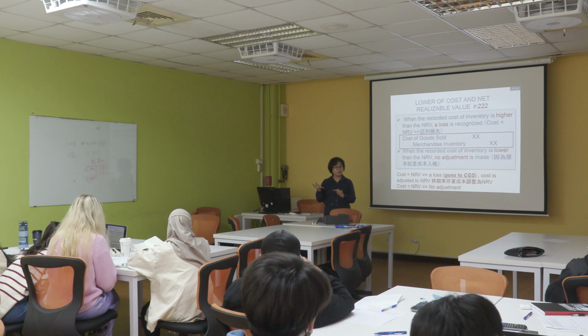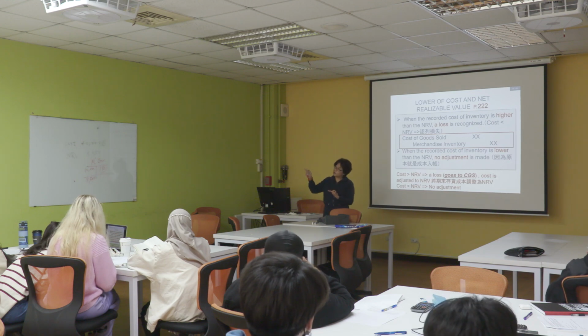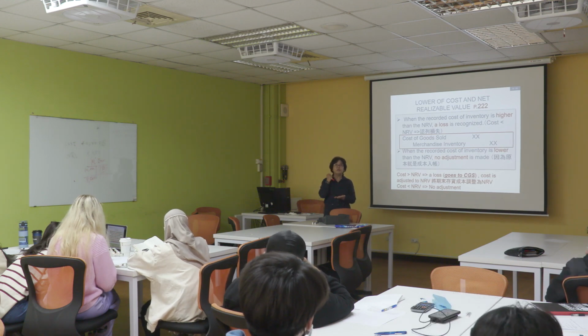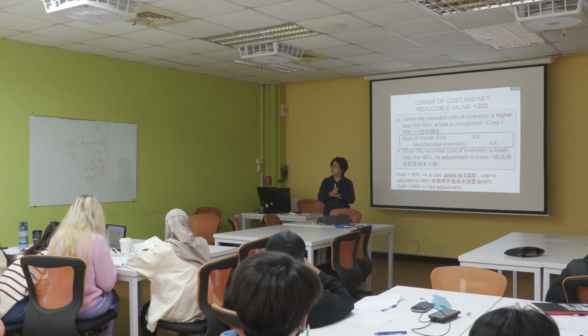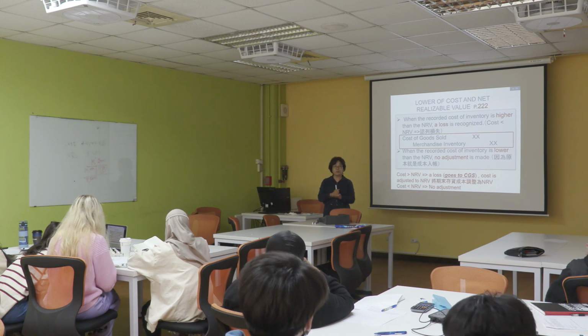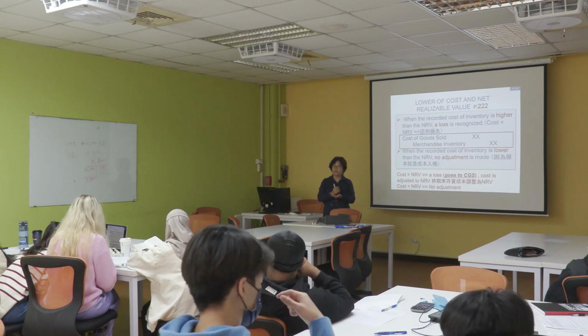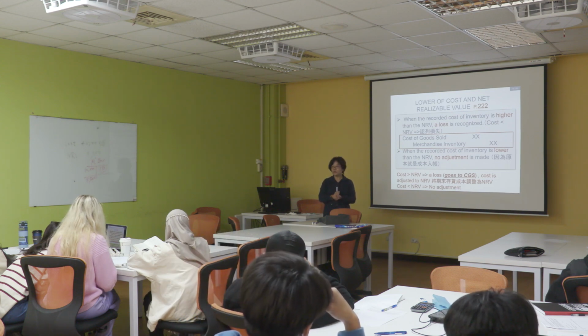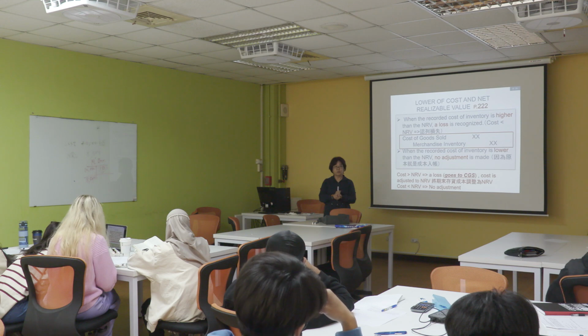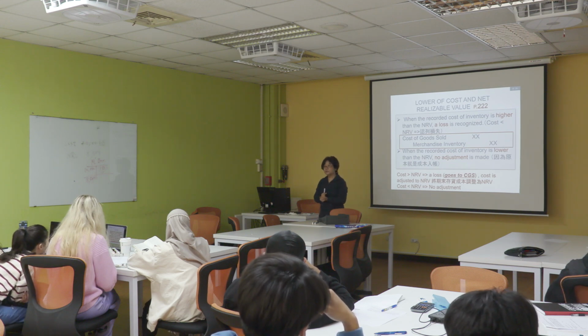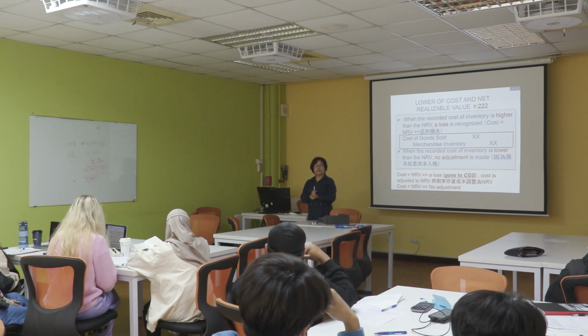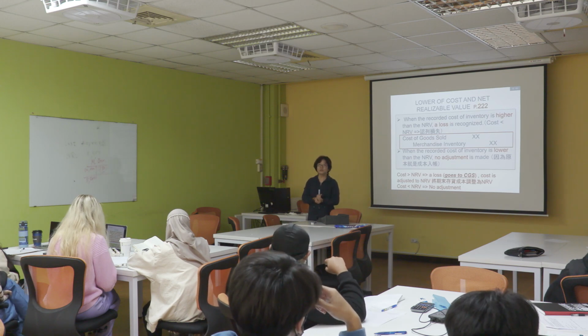Then what about $10,000, after you calculate the NRV, the value is $10,200, more than your cost. What should you do? You need to do anything? Questions?